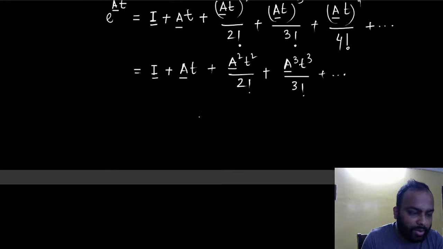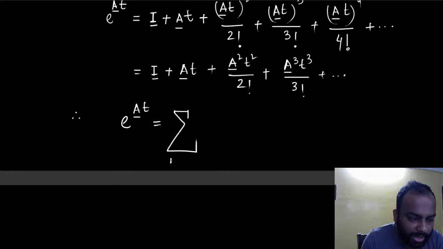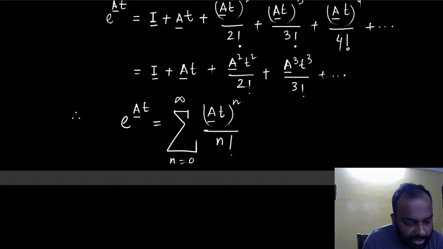Okay, all right. And of course that way e to the power At is nothing but summation, once again, n starting from 0 going to infinity, we would have (At) to the power n divided by n factorial.